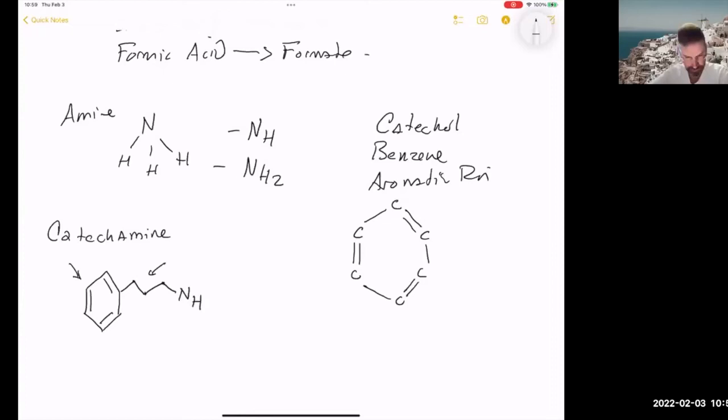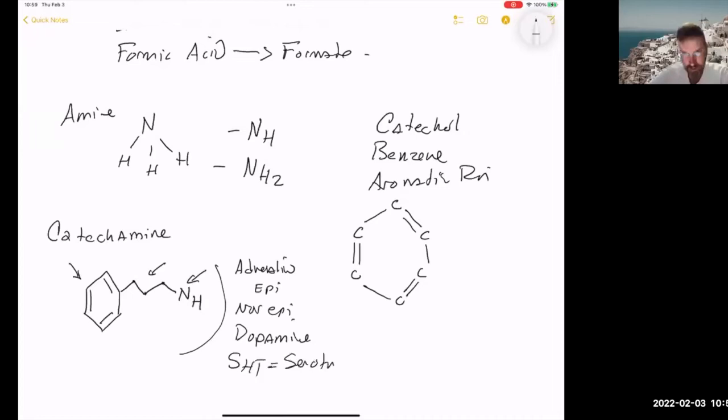You've got a benzene ring here, and an amine here. This forms a backbone of important molecules in the body like adrenaline, also known as epinephrine, and norepinephrine, as well as dopamine, and serotonin, or 5-hydroxytryptamine. These are all hormones and neurotransmitters, and they're very, very important. So hopefully you're beginning to see the importance of these functional groups.